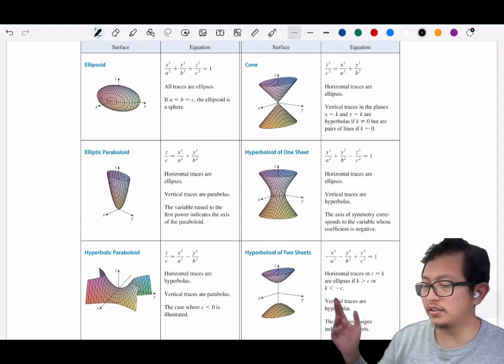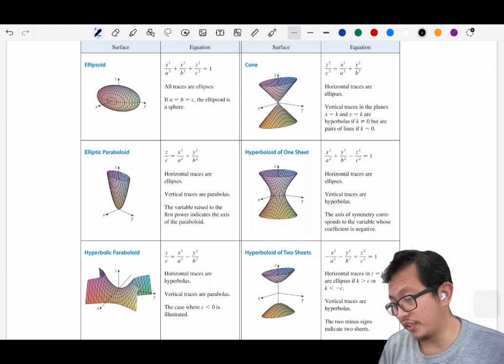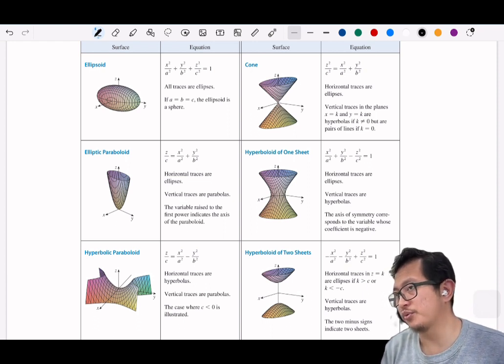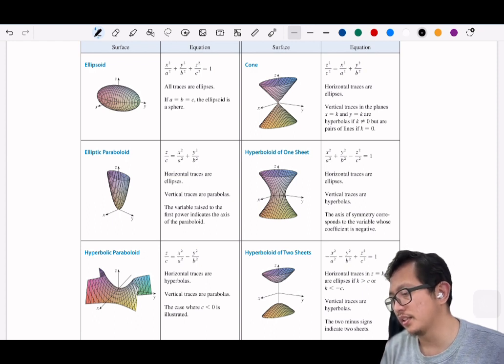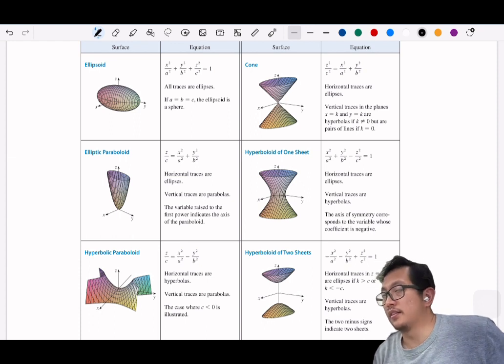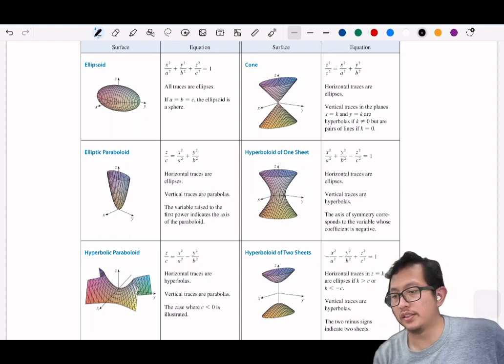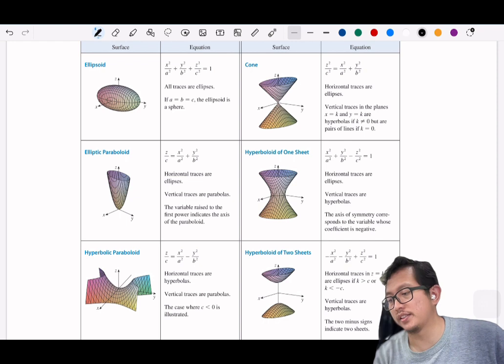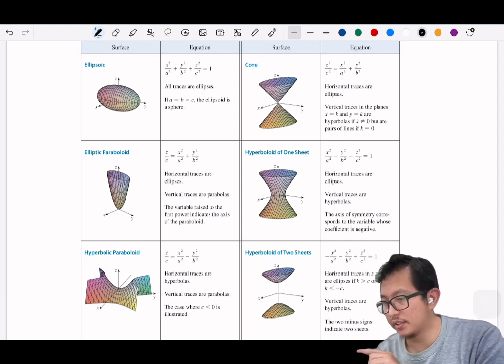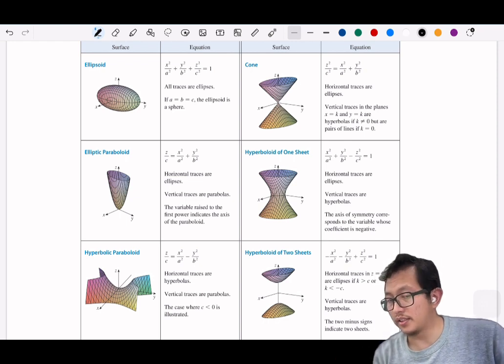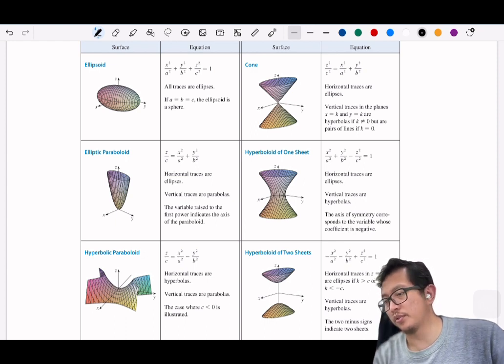We have many surfaces, and also in chapter 15 sometimes we need to imagine the visuals, but not always. It's better if you can understand the traces in the surfaces. Okay, so we have these six, and hopefully this can be helpful for your study, especially for multivariable calculus, starting with chapter 14. Okay.